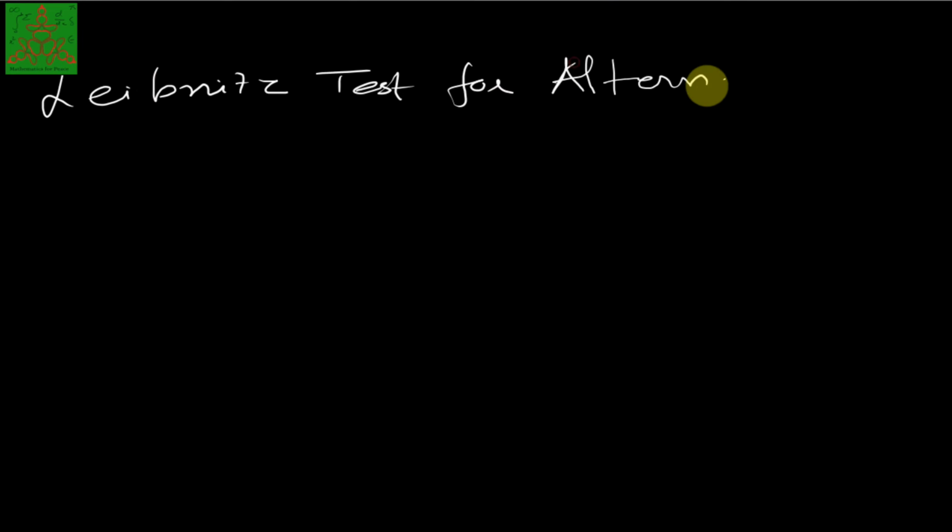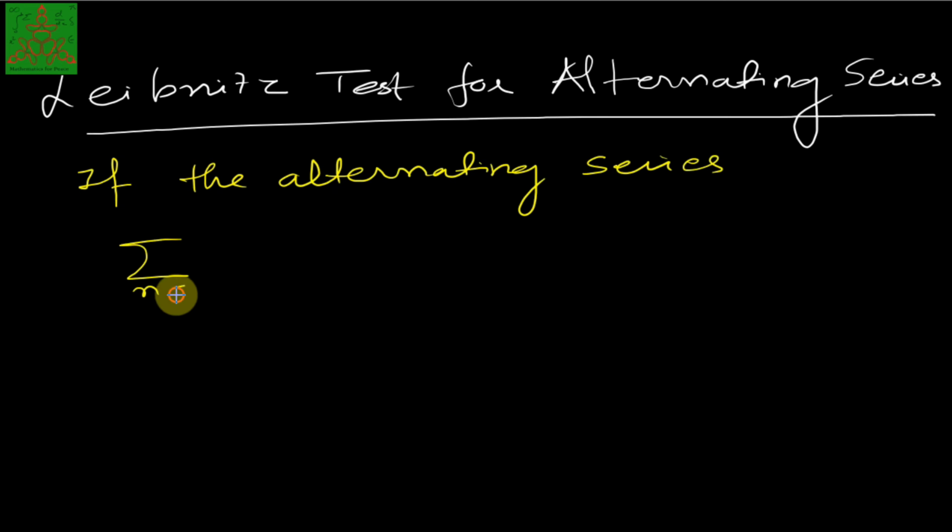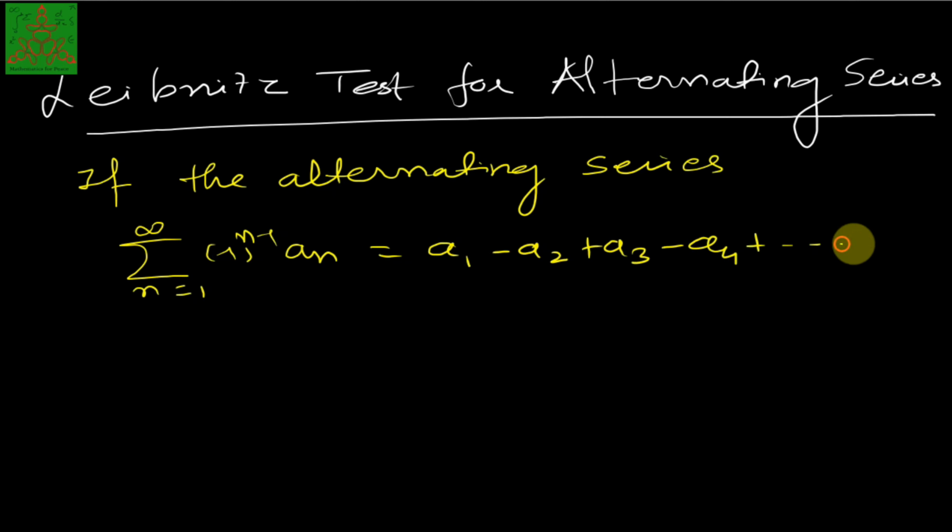It states: if the alternating series summation n running from 1 to infinity of minus 1 raised to n minus 1 an, that is a1 minus a2 plus a3 minus a4 and so on, satisfies three conditions.